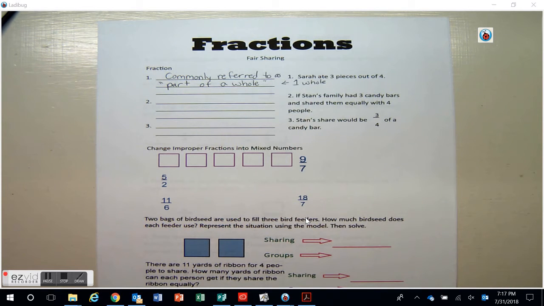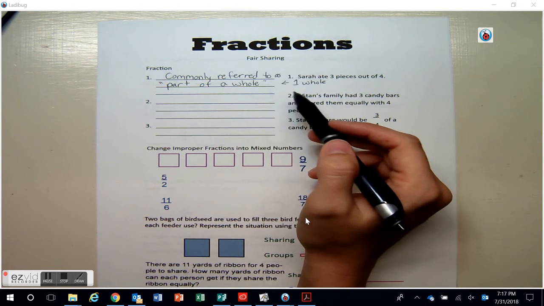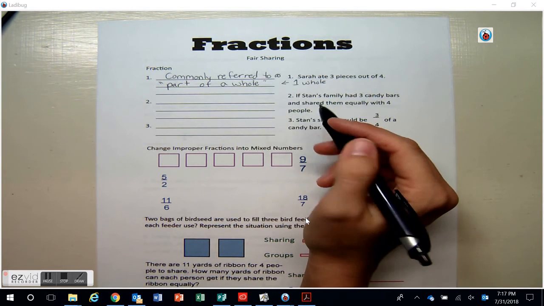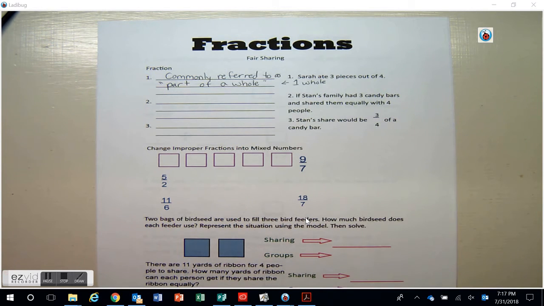This one is commonly referred to as part of a whole.